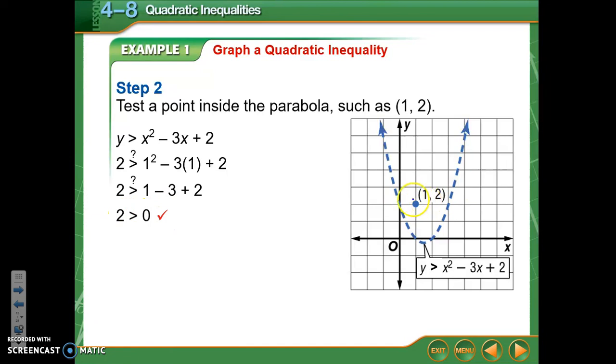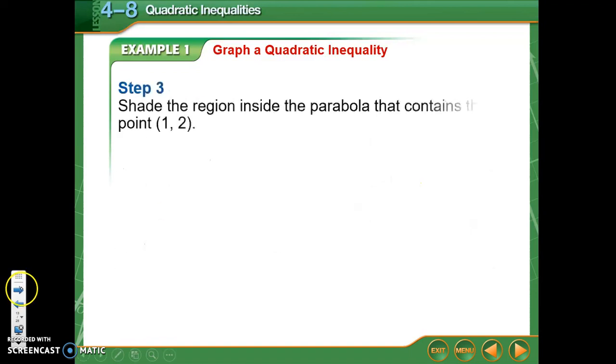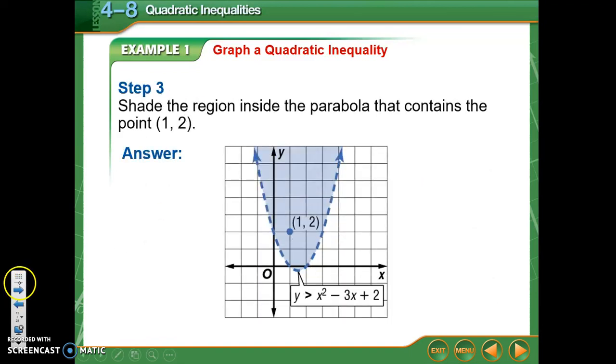So since this point makes it true and it's inside the parabola, we're going to shade inside the parabola. So it would look like this. All of the shading would be inside. So this would be the solutions. All of the points in this shaded area, not including the points on the parabola, would make this inequality true. So this is graphing a quadratic inequality, not solving it, but just graphing it.